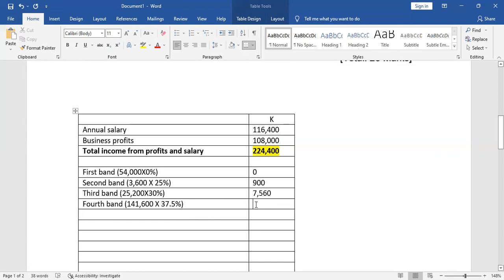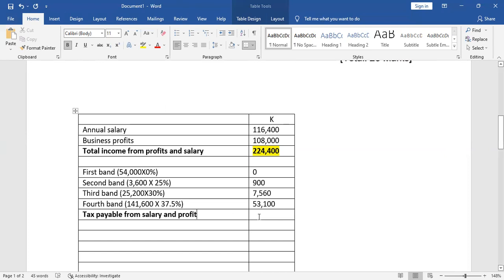$53,100. Okay. We can add these first. We shall call them the tax payable from salary and business profits.